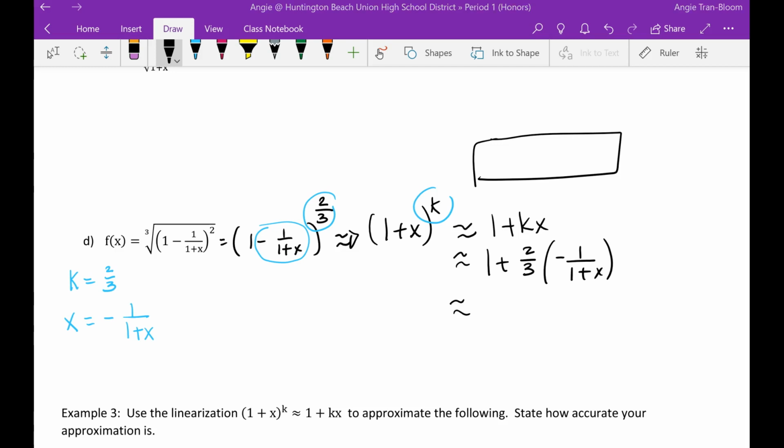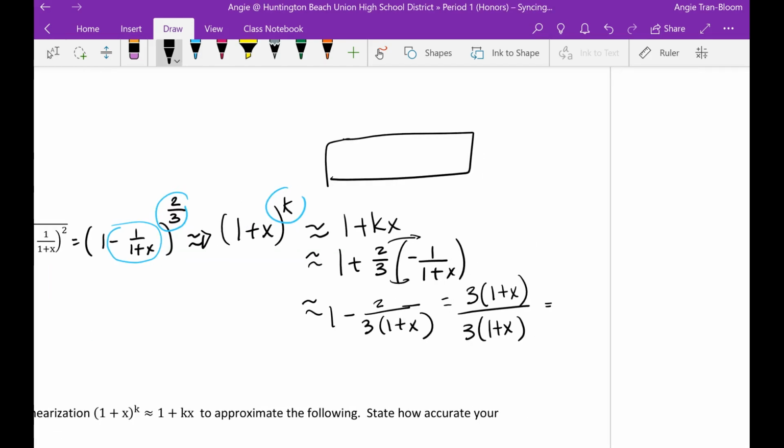Technically, that's a slope. So let's see. Distribute. So 1 minus 2 over 3 times the quantity of 1 plus x. Then if you want to, you can find a common denominator. Your common denominator would be 3 times 1 plus x to top and bottom.